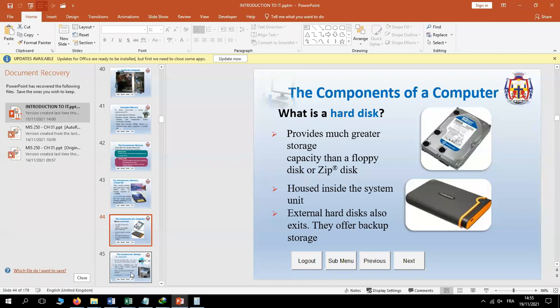Then for the external ones, they are just like you can see in this picture here. It's an example of an external disk. These ones are usually used for backup purposes. By the way, it is always very risky to have all your eggs in one basket.